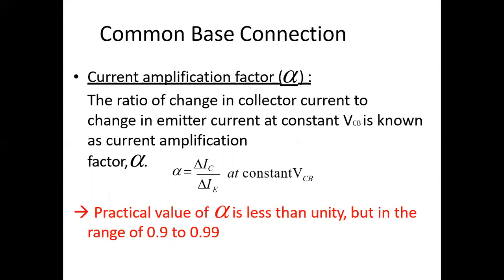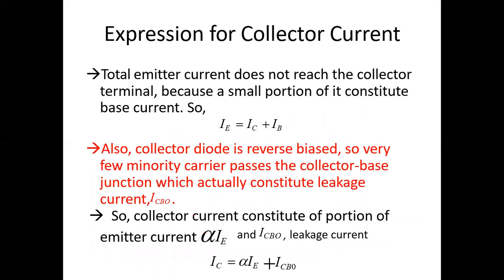That is for AC current, and for DC current we can write alpha is equal to IC by IE. The expression for collector current is IC equals alpha IE plus ICBO, that is the leakage current.